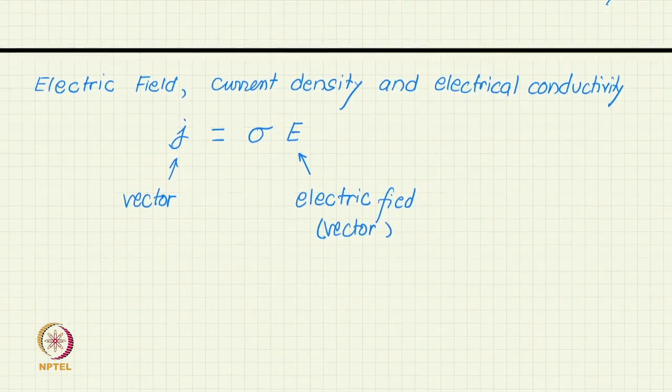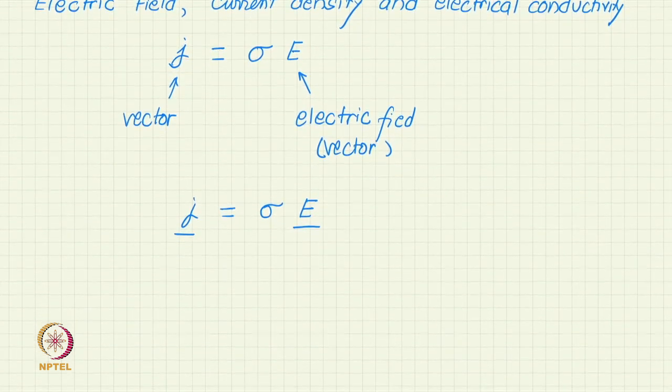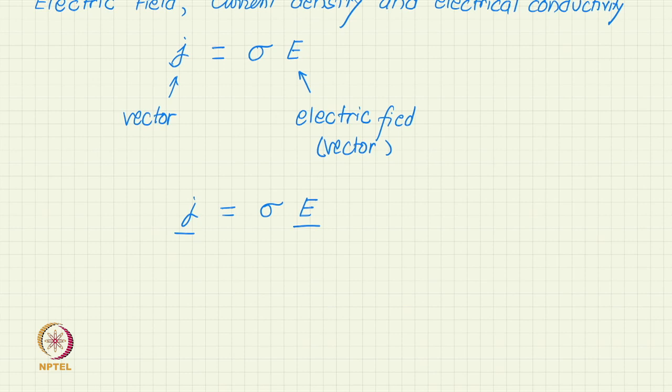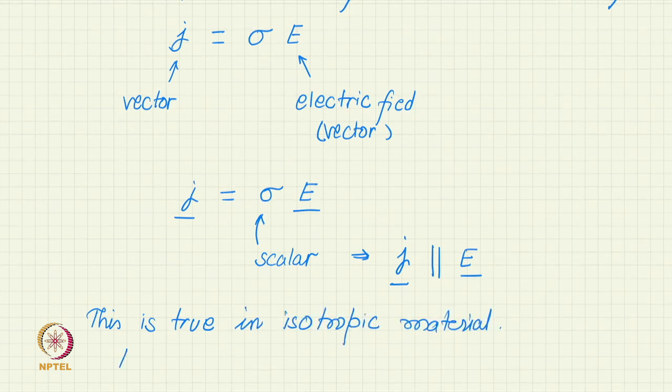If we put the vector sign on them, I am using underscore for vector sign, J is equal to sigma E. If we keep sigma still as a scalar, then it immediately implies that the current density vector J is parallel to the electric field vector E. This is true in isotropic materials, but not true in general.